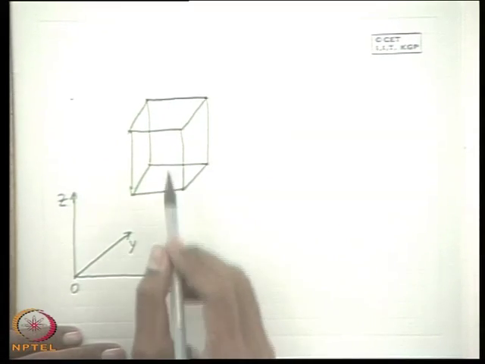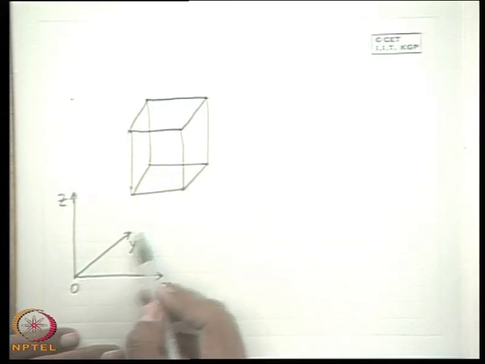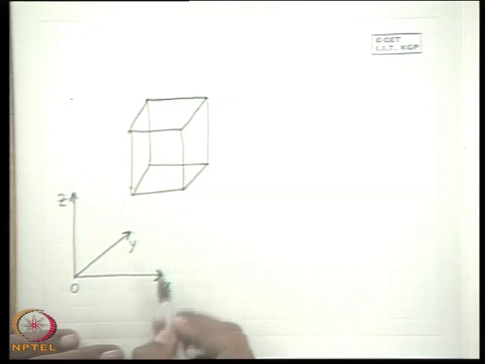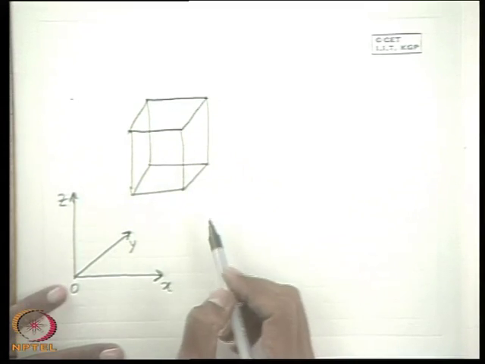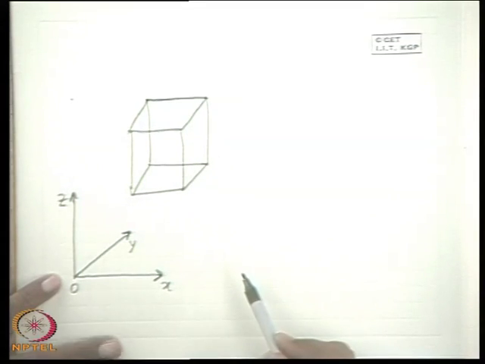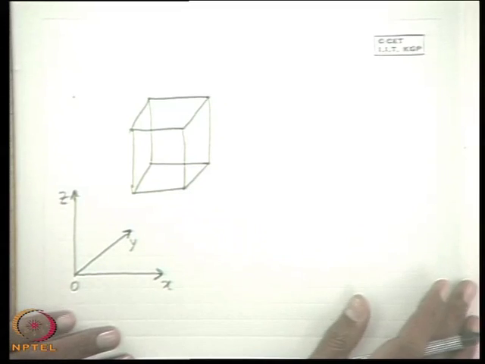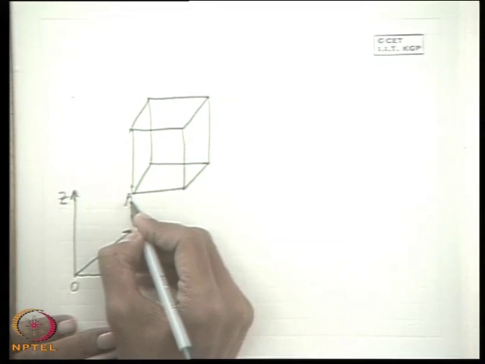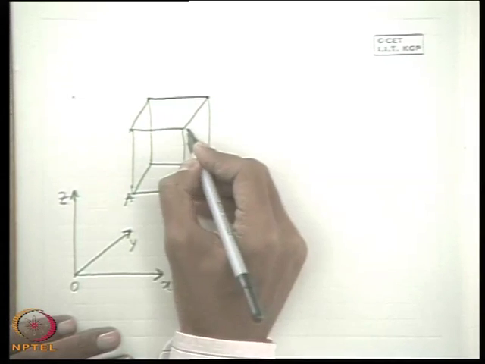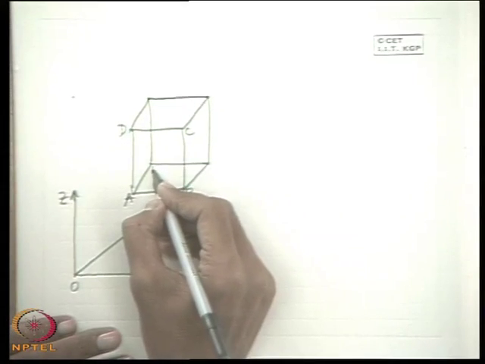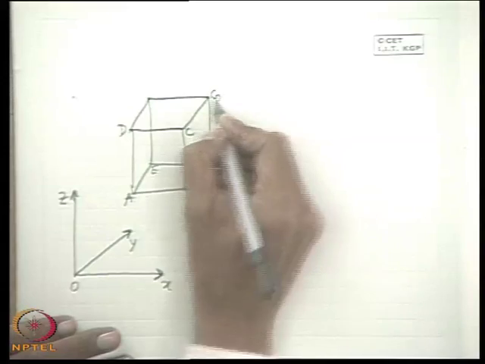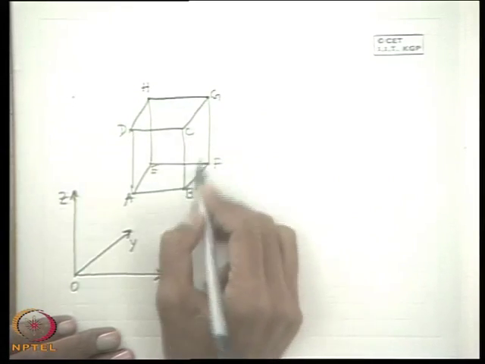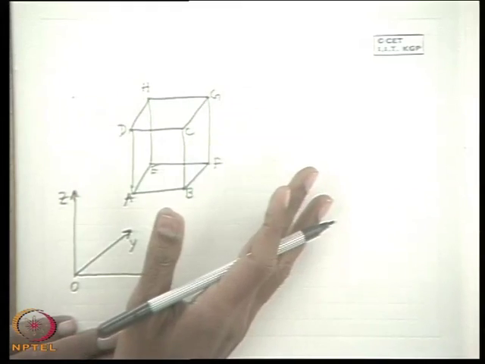Again I am telling, with respect to any frame of reference, the first step in deriving the continuity equation is to draw the control volume whose planes are perpendicular to the coordinate planes. So in a Cartesian coordinate system, it will be a parallelepiped. Let us give this name A, let this be B, C, D, this is E, F, G, H. Now we define a control volume with imaginary boundaries, because the boundary of a system or control volume is not necessarily real and rigid.